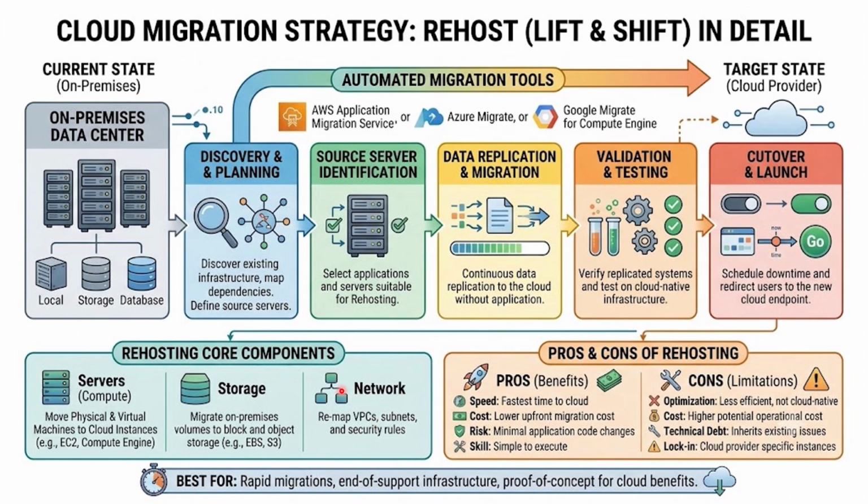So you can think of local switches, VLANs, and firewall appliance rules that must be remapped into software-based cloud constructs. You can say virtual cloud subnets, routing tables, and network security groups.